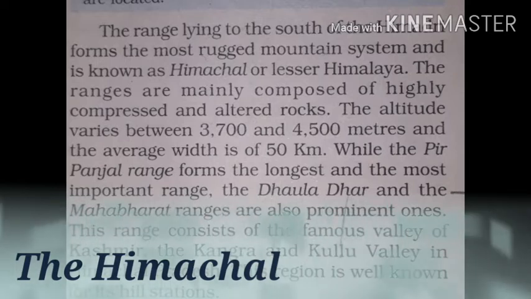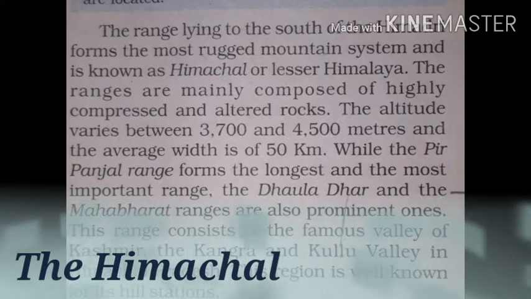Himachal Pradesh is the main center of this range. The ranges are mainly composed of highly compressed and altered rocks. The altitude varies from 3,700 to 4,500 meters, and the average width is about 50 kilometers.